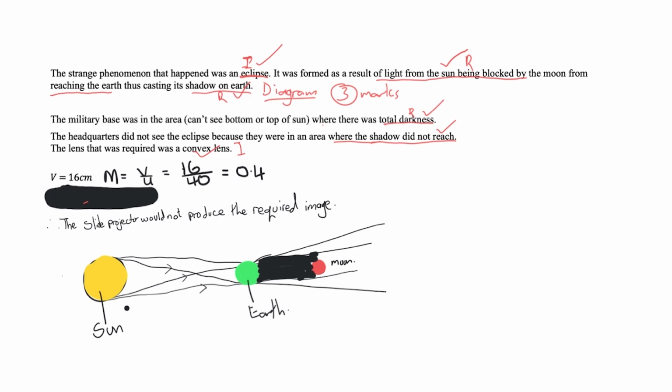We said up there we had drawn our graph and we got our image distance V was 16 centimeters. Then the object distance was 40 centimeters, and our magnification was V over U. So that is 16 divided by 40.